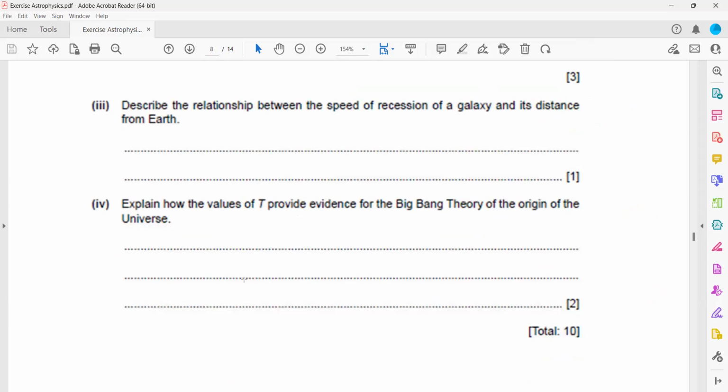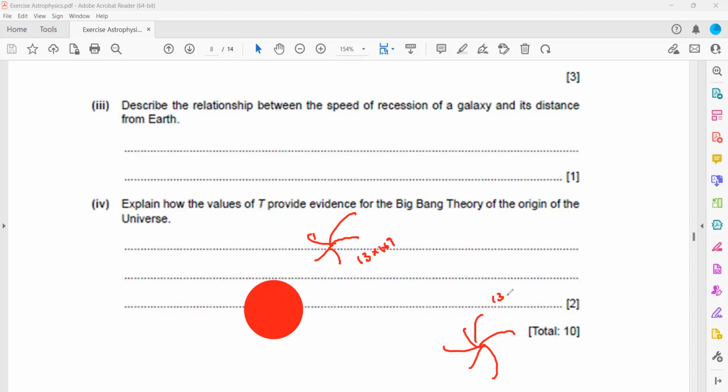Say this was Earth, this was galaxy A, this is galaxy B. They have different speeds and different distances from the Earth, but this took 13 billion years, and this also took 13 billion years. So what does it mean? Before 13 billion years, everything would be 1 point. That is evidence of the Big Bang.